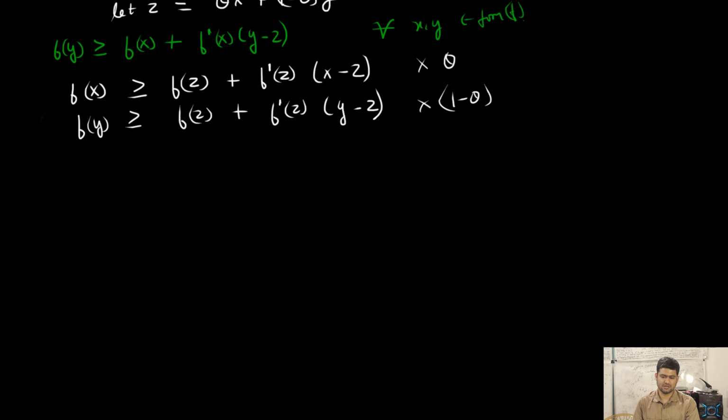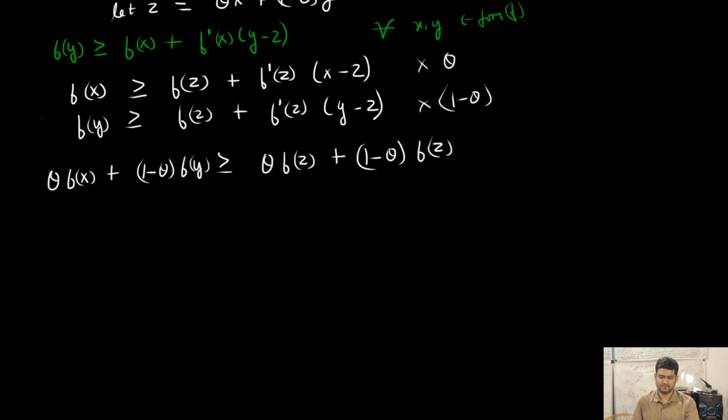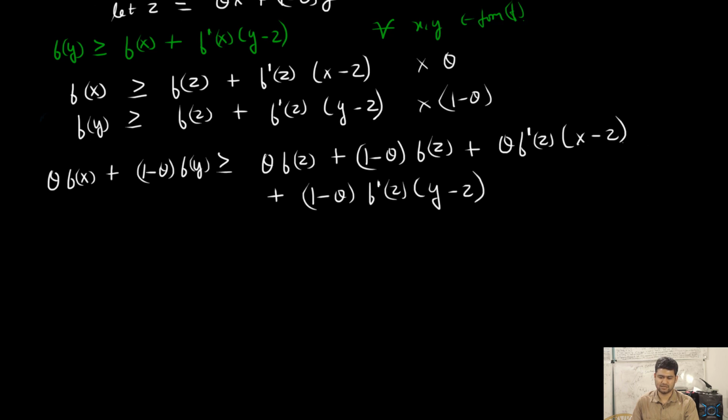and we can add these two inequalities to obtain theta times f of x plus 1 minus theta times f of y is greater than or equal to theta times f of z plus 1 minus theta times f of z plus theta times f dash z times x minus z plus 1 minus theta times f dash z into y minus z.